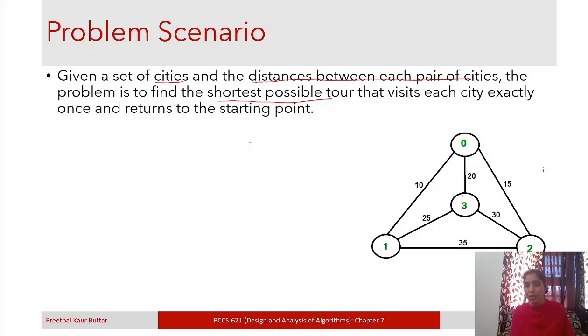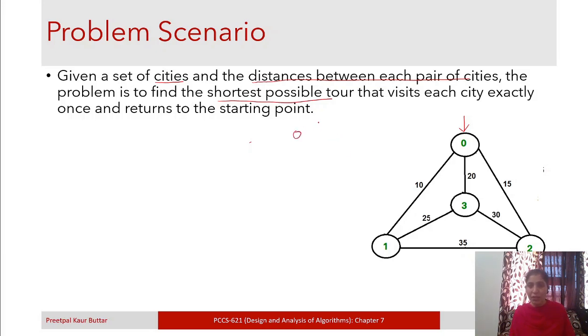For example, 0 to 1 the distance is 10, 0 to 2 the distance is 15, 0 to 3 the distance is 20 and so on. If we want to start at 0, visit each city exactly once and return back to 0, there might be several ways through which we can do it.